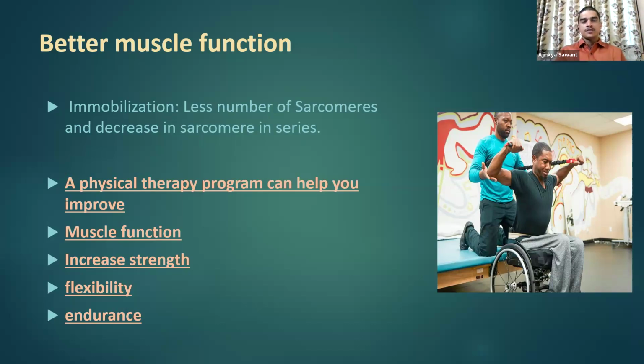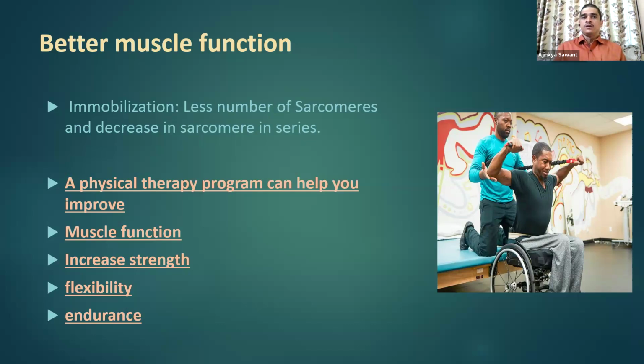So what happens after immobilization is fewer sarcomeres in the muscle fibers, a decrease in sarcomeres in series. After immobilization for a longer duration, muscle atrophy starts, and when this atrophy is there, the sarcomeres are reduced and the muscles are tight.